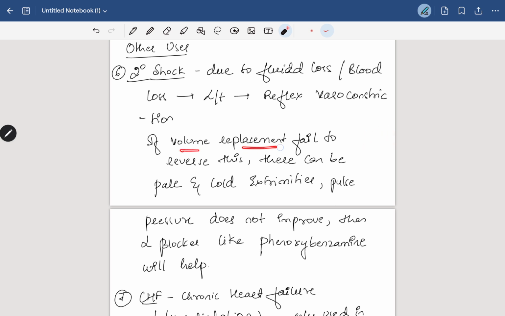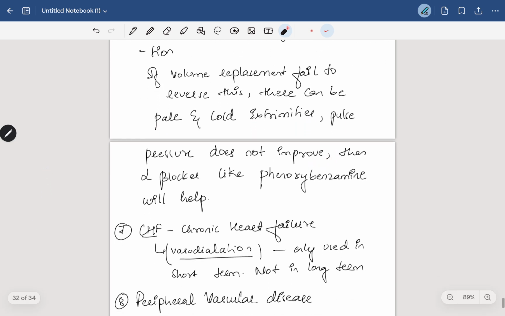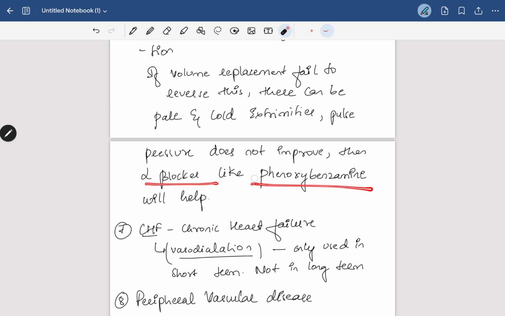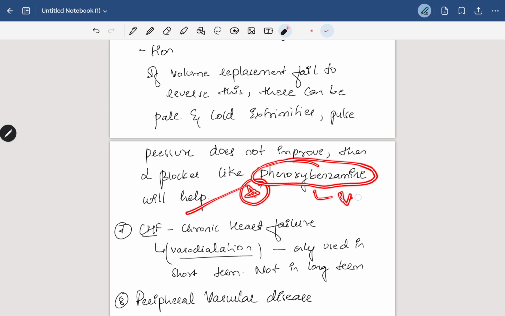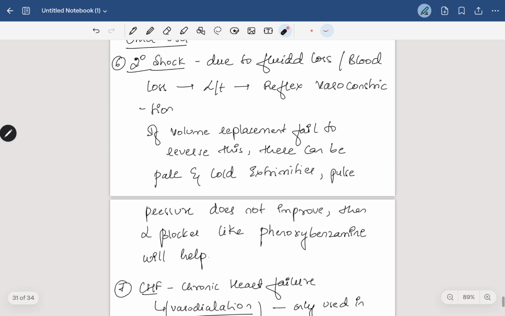See, if volume replacement failed to reverse this, there can be pale and cold extremities, and pulse pressure also does not improve. Then alpha blocker like phenoxybenzamine will help. We give alpha blocker such as phenoxybenzamine in secondary shock to cause vasodilation, to remove this reflex vasoconstriction.